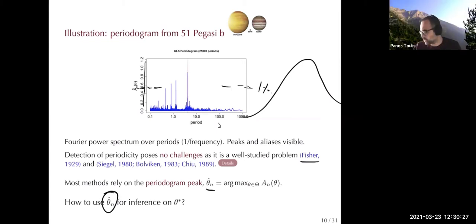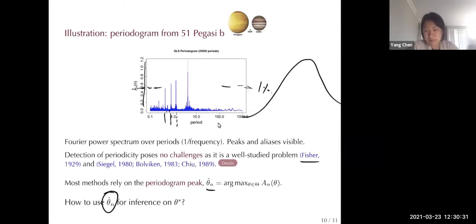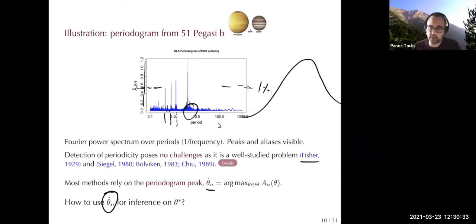Yeah, so that's a great question. In this case, these are harmonics of the main signal. That's actually the truth here, and the others are harmonics. These are just integer multiples or rational numbers. However, in other examples where we don't have so much power, so this is for 51 Pegasi b, a confirmed exoplanet, the signal is pretty strong.